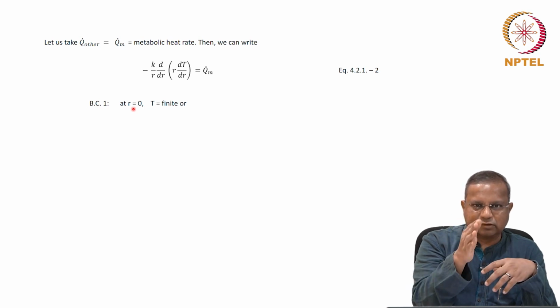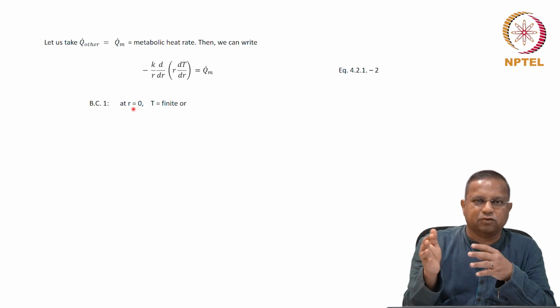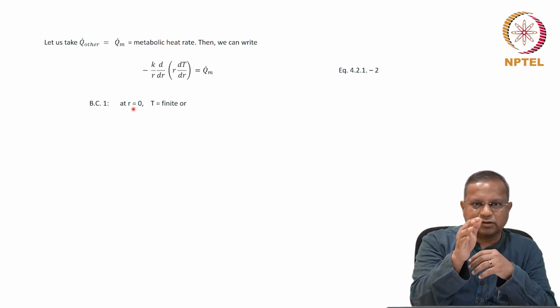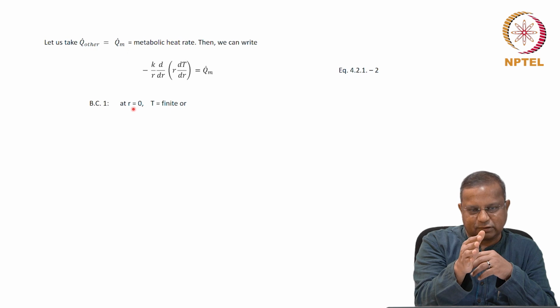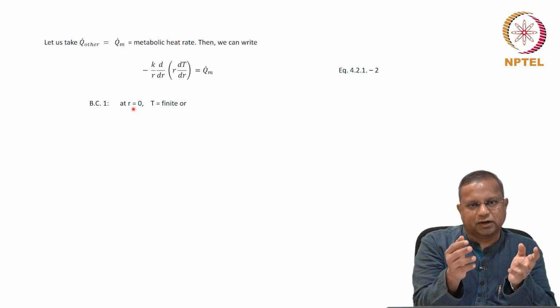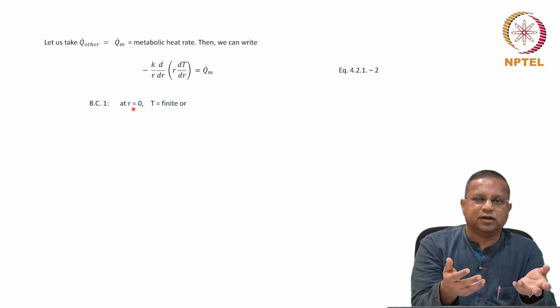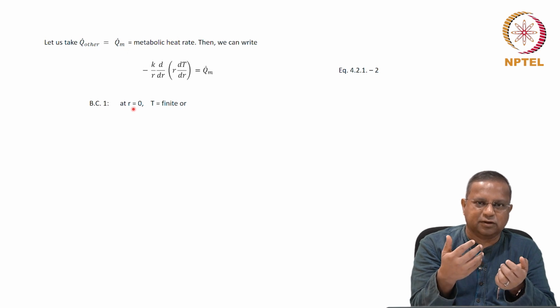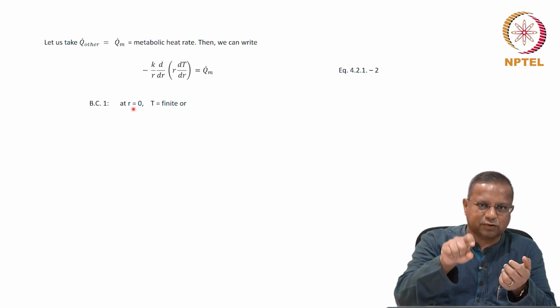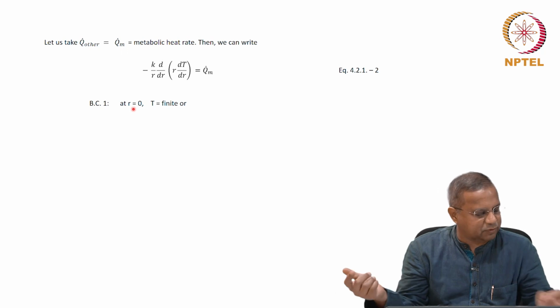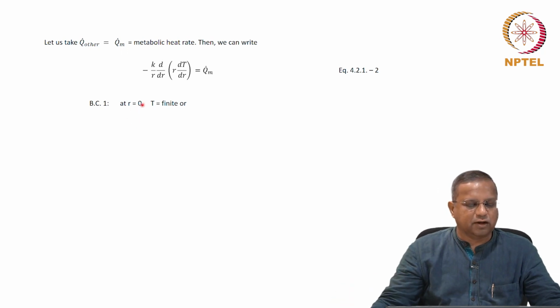Mathematically speaking, this reality can be reflected only if there is a maxima or a minima in temperature at the center in a physical system. And if there is a maxima or a minima, the derivative of the temperature with respect to the radius has to be equal to 0. We know that. So r equals 0, T equals finite, or dT dr equals 0.